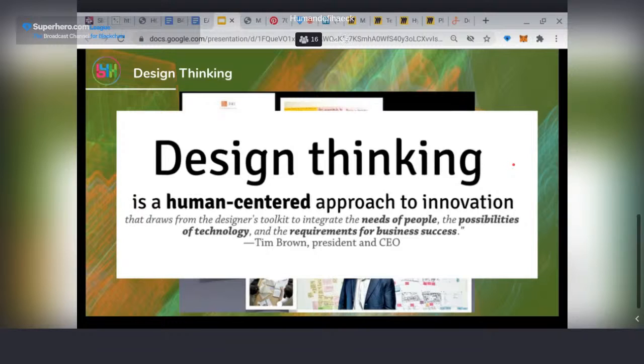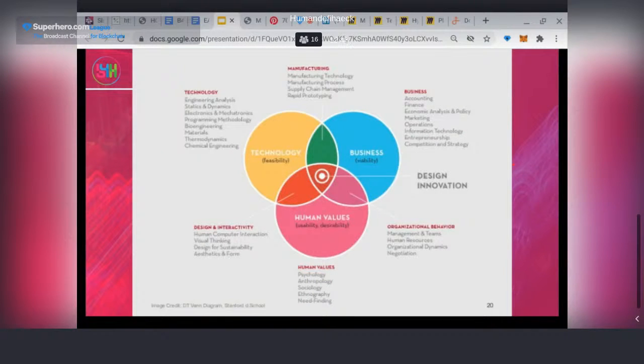It's a human-centered approach for innovation that draws on the designer's toolkit to integrate the needs of people, the possibilities of technologies, and the requirements of business. It's a combination of those three big areas. When we have an idea to put on our market, we want to assure that the idea is viable from the business point of view, which means it is going to give us back money and not only be costs.